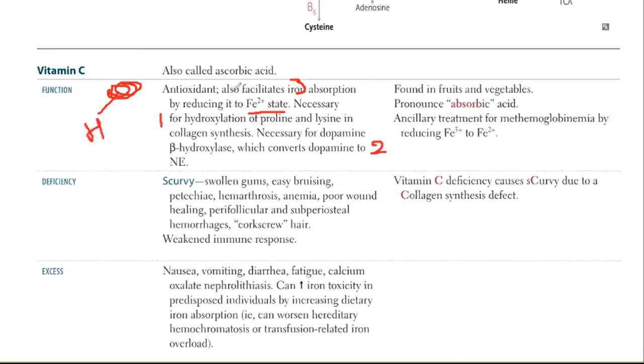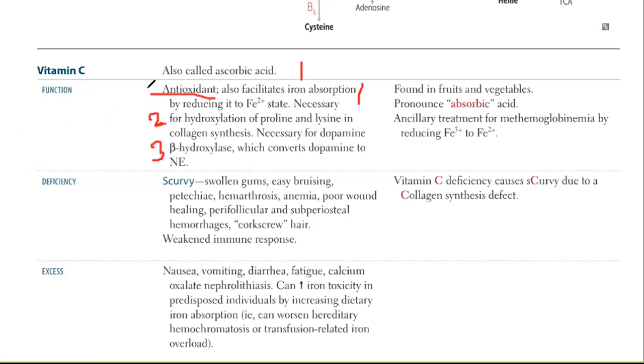So you need Fe2+ in your heme, in your RBC, in that quaternary structure you have. At this particular level, this Fe2+ is present. So people, please, you have to remember these points. They are your MCQs. These are the three functions. One is this, the other one is this, and the third one is this.